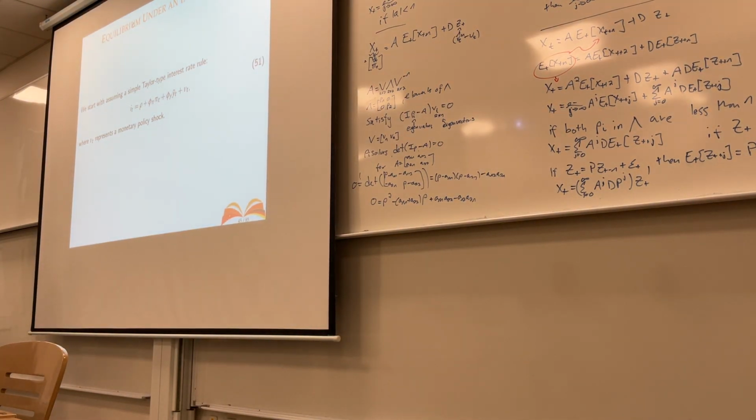Phi pi greater than 1 means that monetary policy must respond to inflation with sufficient vigor. It has to respond strongly, not just a little, but aggressively. The response has to be more than 1 for 1. So for any increase in inflation, the nominal interest rate must increase by more than that amount.